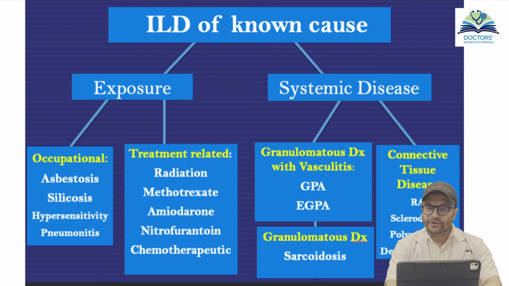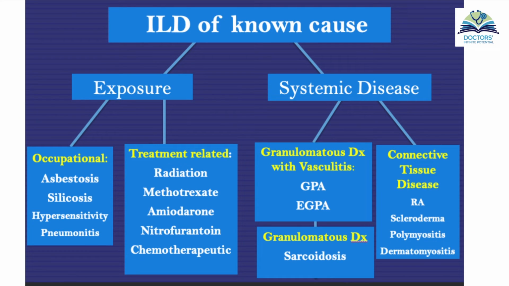And it can also be due to any granulomatous disease with vasculitis like granulomatosis with polyangiitis, eosinophilic granulomatosis with polyangiitis, and some granulomatous disease like sarcoidosis, and connective tissue disease like rheumatoid arthritis, scleroderma, polymyositis and dermatomyositis. So these are the common known causes that lead to interstitial lung disease.